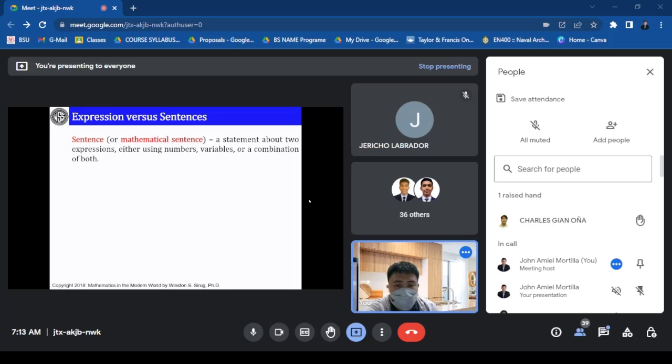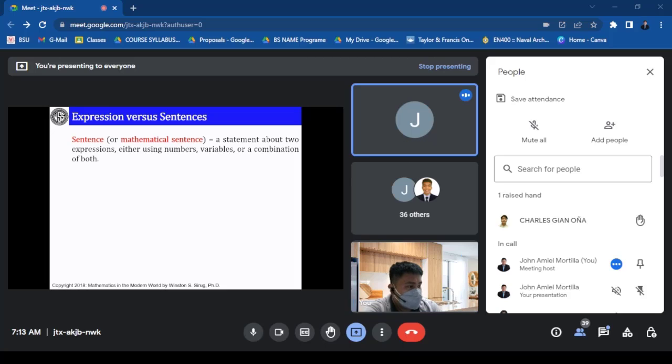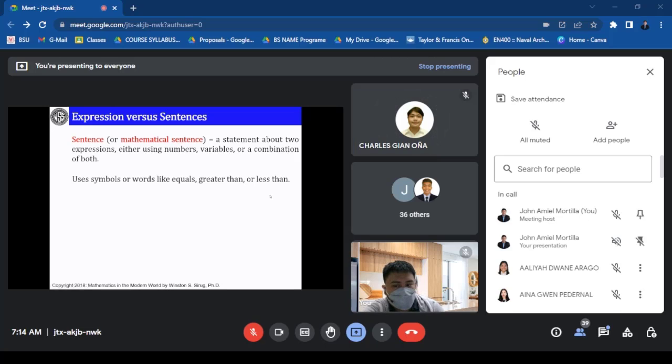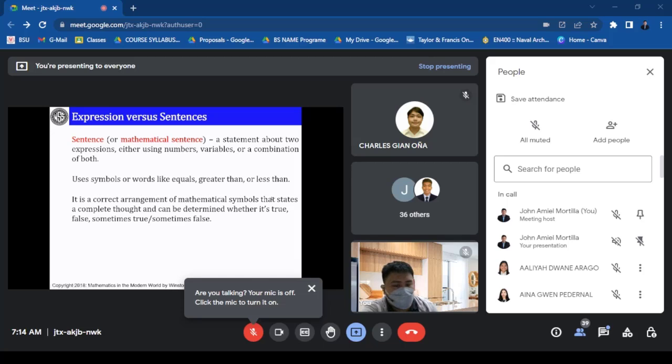Okay, Charles. Sentence or mathematical sentence: a statement about two expressions, either using numbers, variables, or a combination of both. Okay, it uses symbols or words like equals, greater than, or less than.